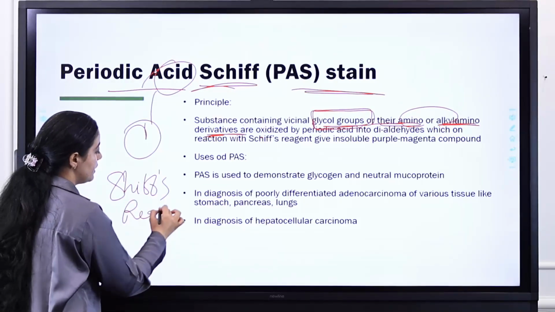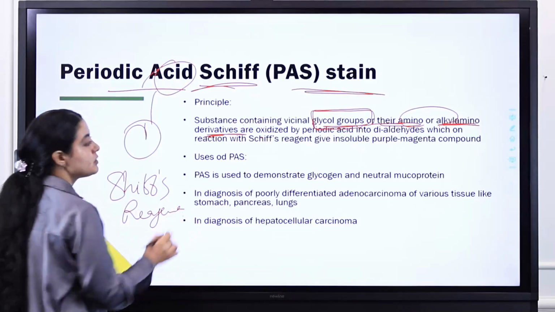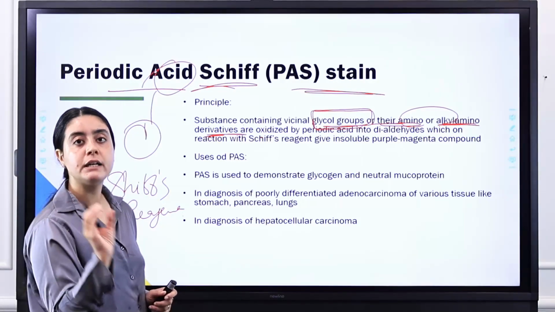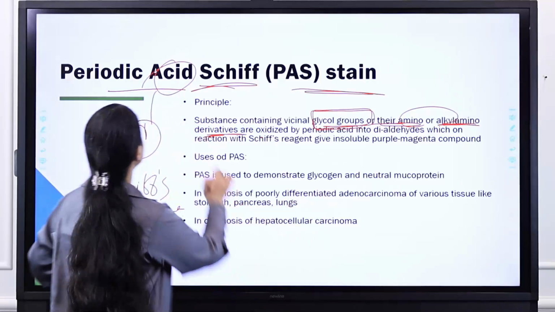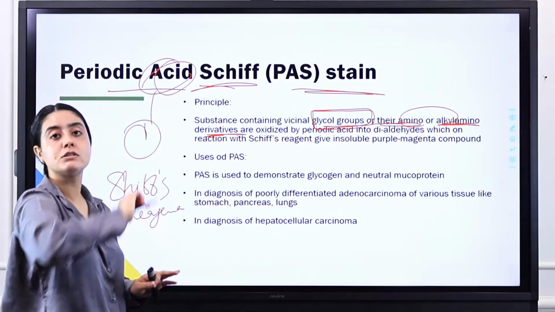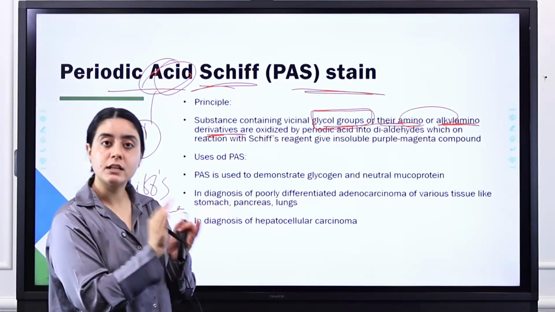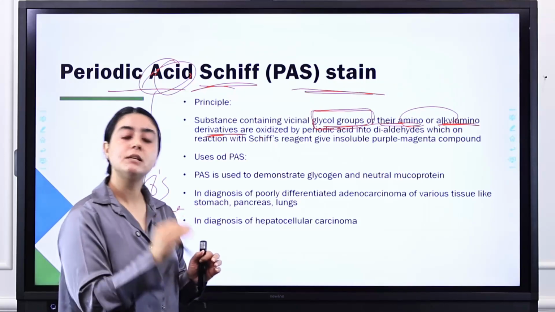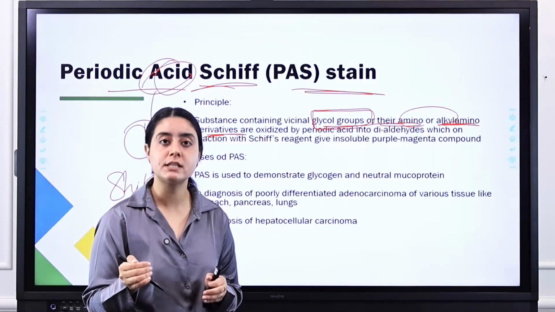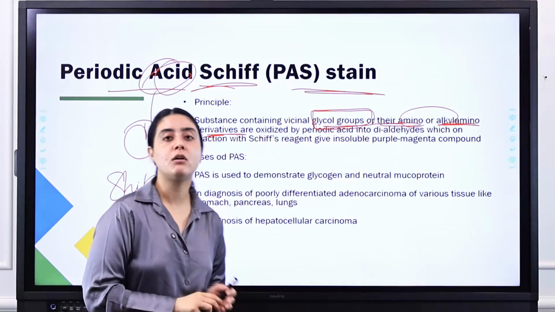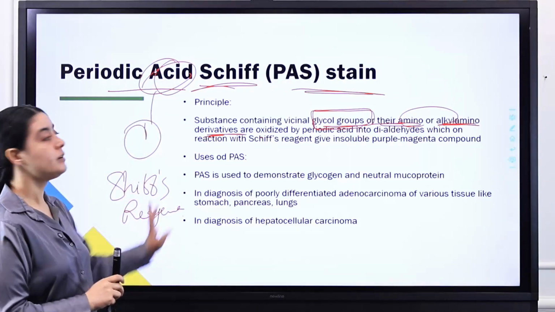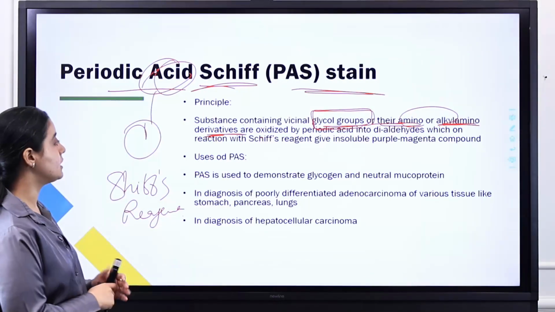The oxidation part will be done with the help of the periodic acid. Here also is a combination, similarly to the hematoxylin and eosin stain, where hematoxylin is one dye and eosin is another. Here also periodic acid is one and Schiff's reagent is another.